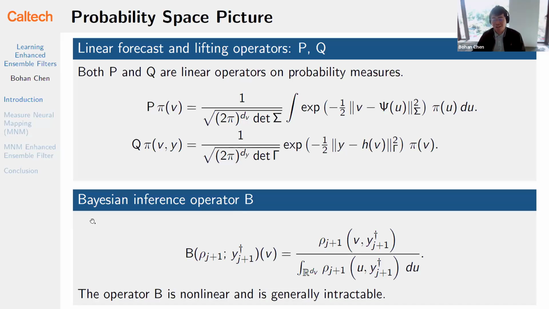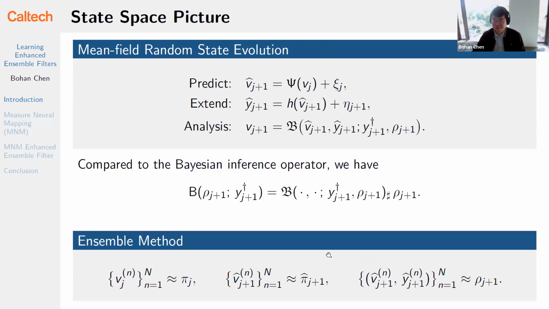However, this B, which we call the Bayesian inference operator, we can also write an explicit formula for it, but it is nonlinear and generally intractable. Except in the linear Gaussian case, we can calculate an explicit expression of B, but in the nonlinear case, we cannot calculate it directly.